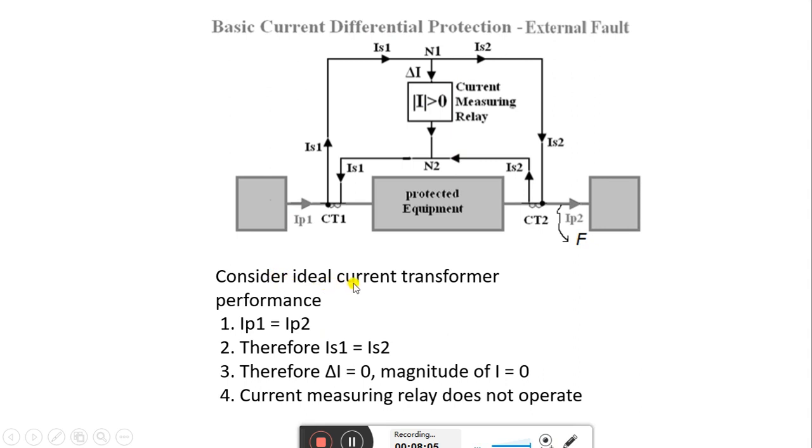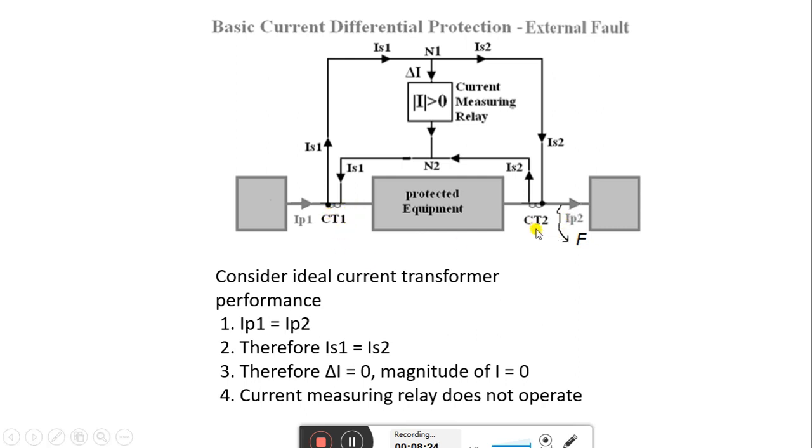So here consider the ideal current transformer. If we consider these current transformers are in ideal condition, it means the resistance and reactance are equal for CT1 and CT2.